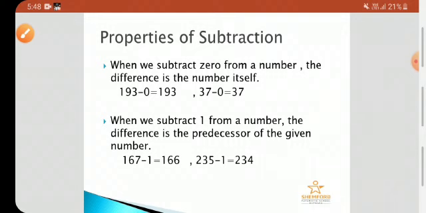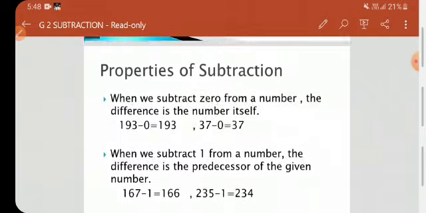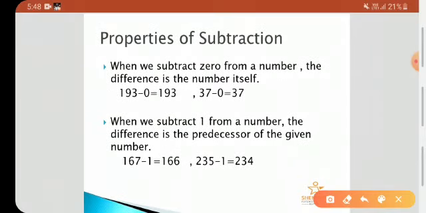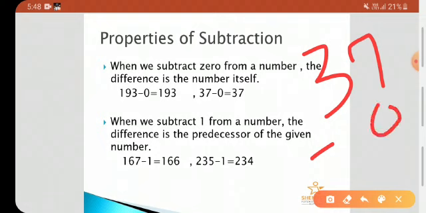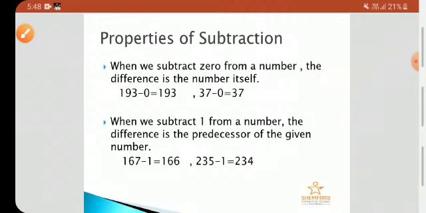Similarly, 37 minus 0, the number we will get is 37. That means when we subtract 0 from any number, the difference is the number itself.